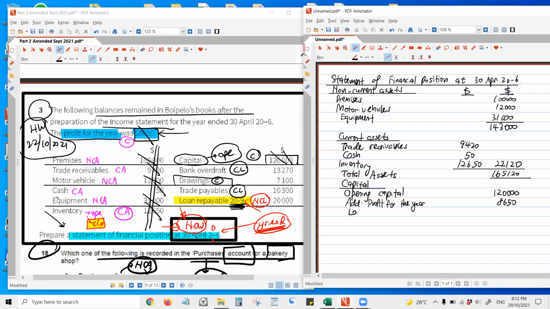So less drawings 7100. Now done with the capital section, we can now do some calculation here to get the closing capital.